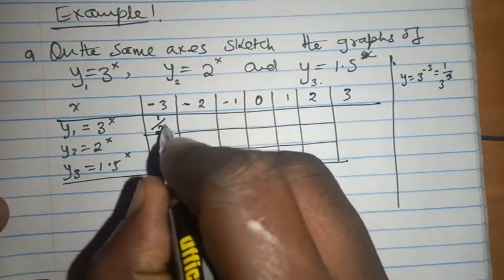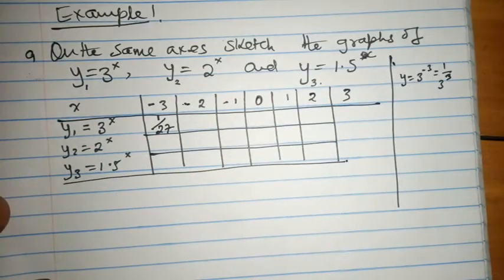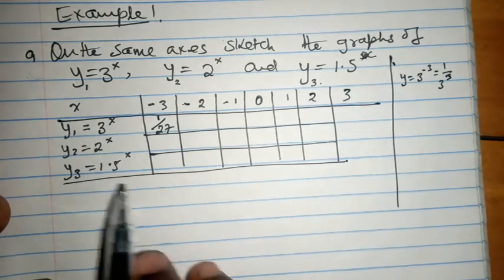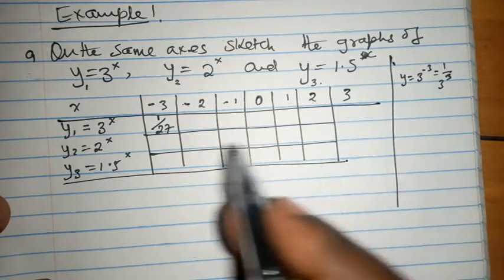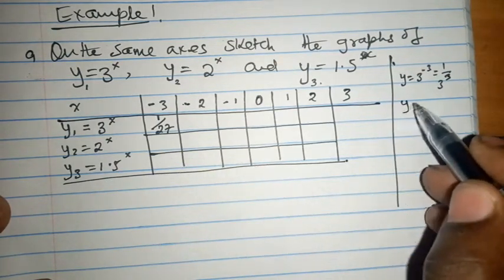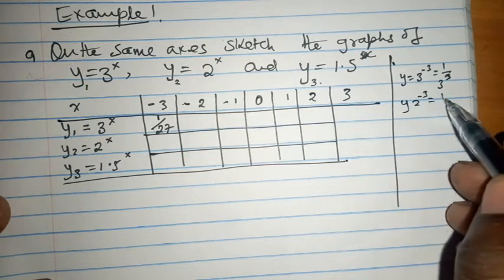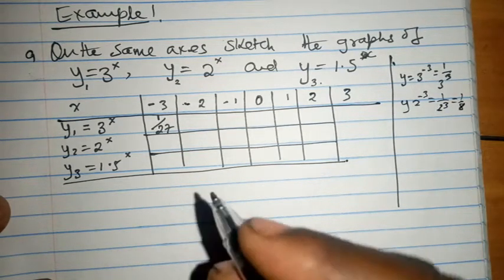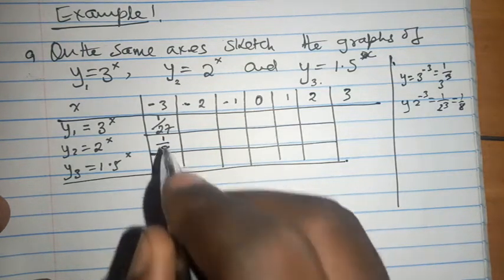Such a small number. When x is minus 3, the same case happens for y2, 2 raised to power minus 3, which is 1 over 2 cubed, which is 1 over 8.